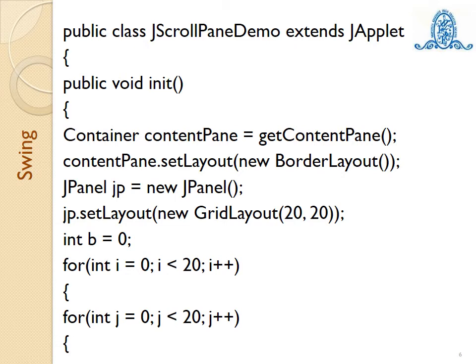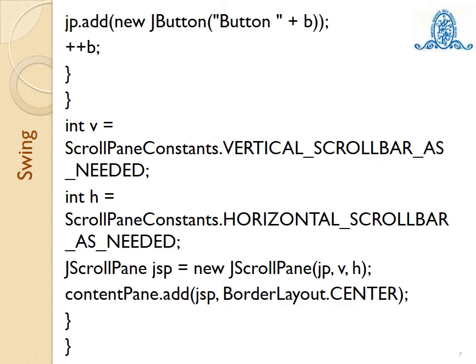So for displaying the buttons in a table form, in the form of rows and columns, here I am using two for loops. First is for the number of rows and second for loop is for columns. So for i is equal to 0, i less than 20, i plus plus, then for j is equal to 0, j less than 20 and j plus plus. Then the buttons are added on the panel.